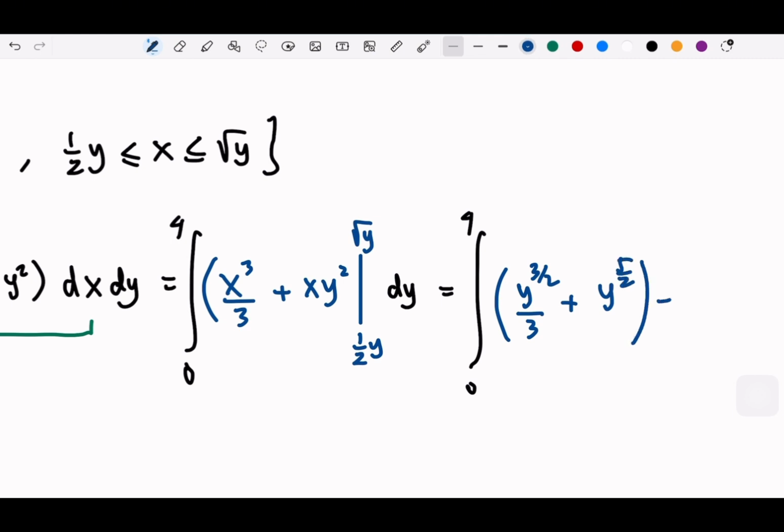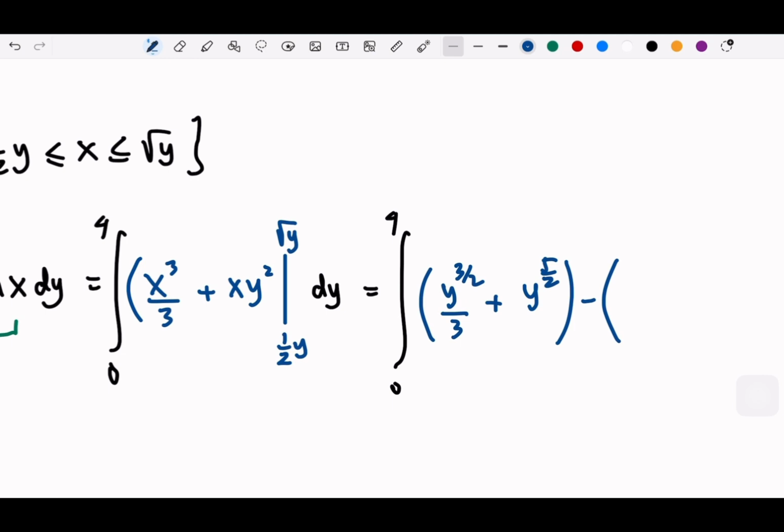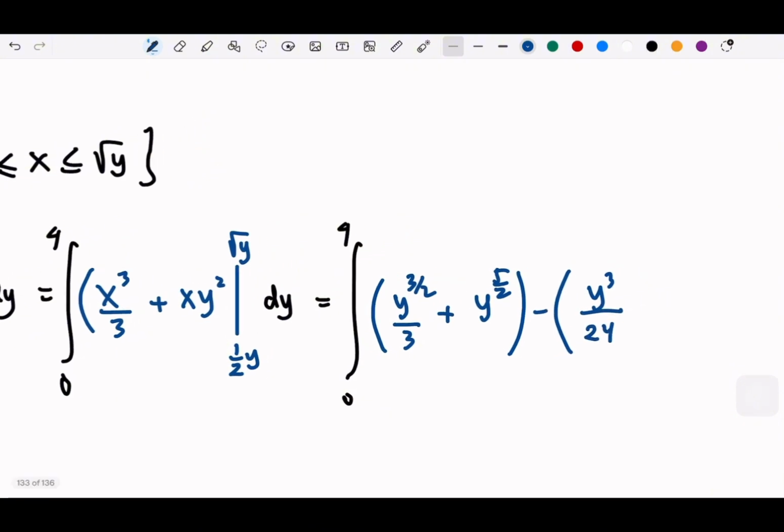And then we have negative y cubed over 24, right?